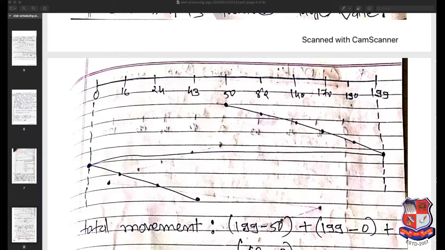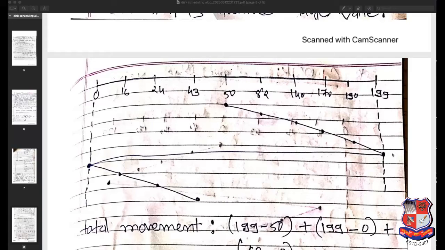Let us start with the C-SCAN concept. My current position is 50, and my direction is towards the large value. So I move from 50 to 82, left to right, then 82 to 140, 140 to 170, 170 to 190, and 190 to 199.